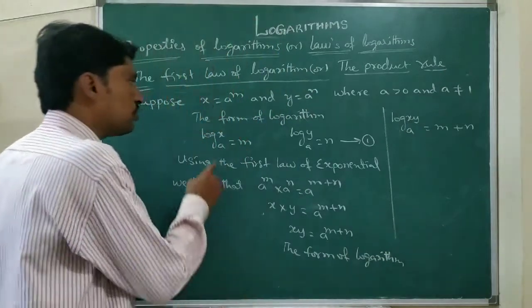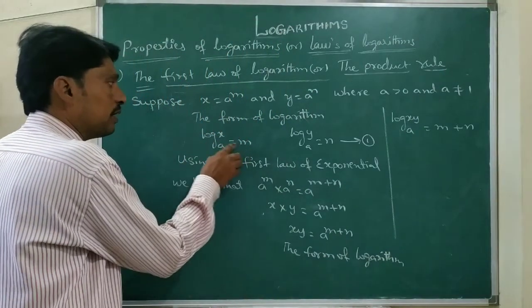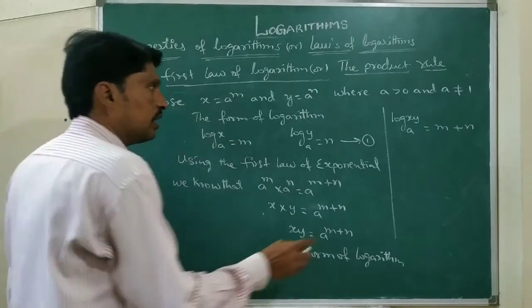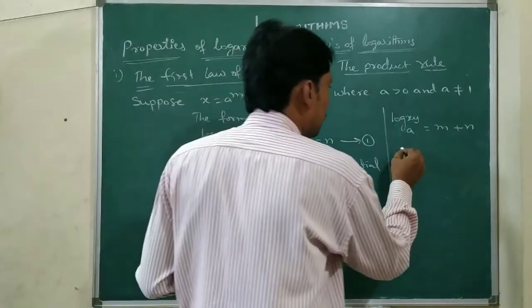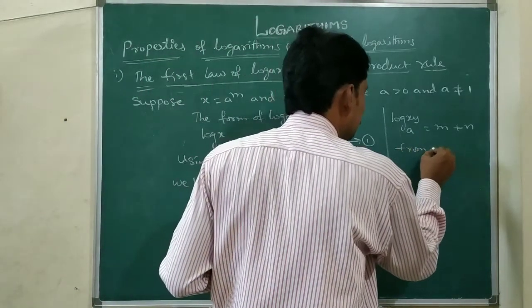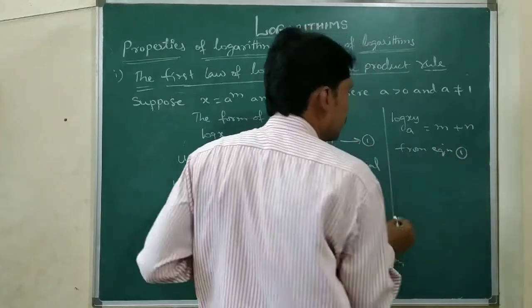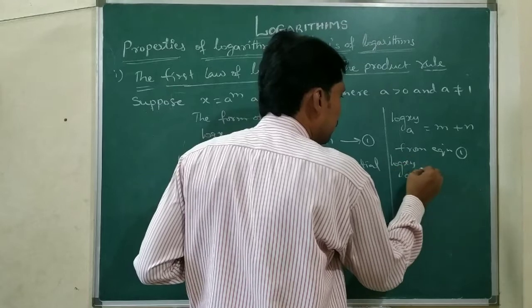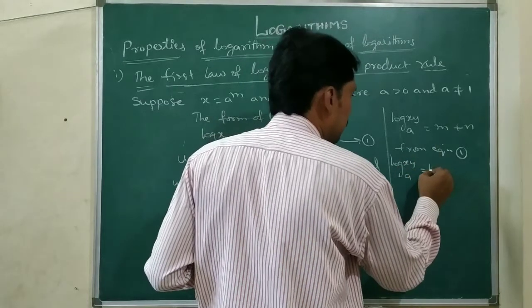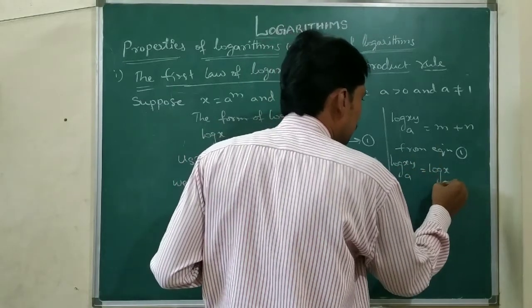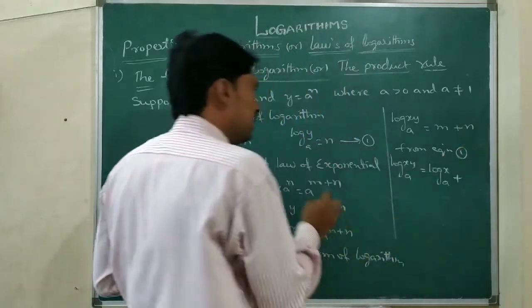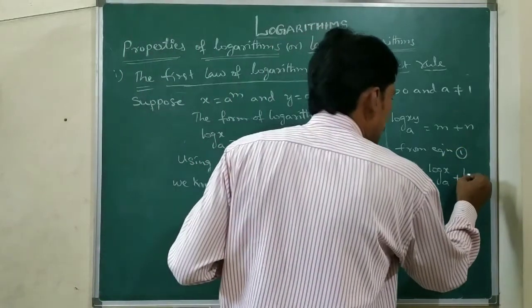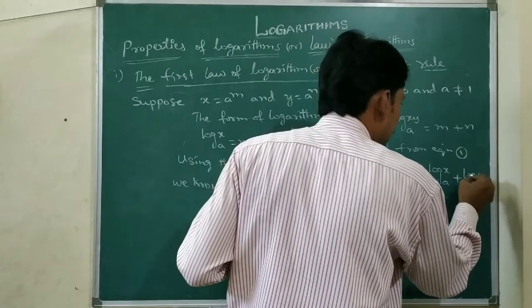From equation number 1 you also have to observe m. M means log x base a. So from equation number 1, log xy to the base a equals m, which means log x to the base a, plus n. N means log y to the base a.